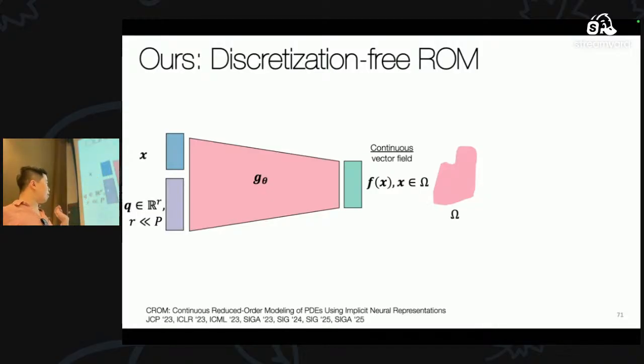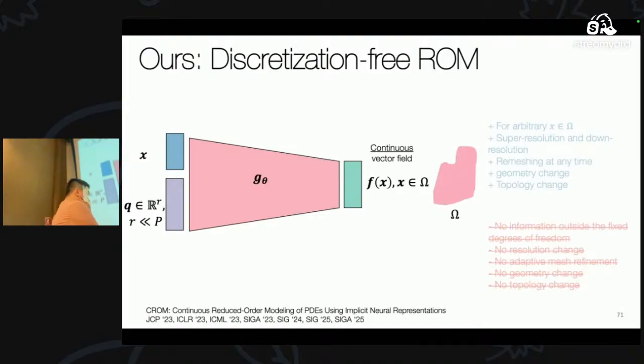Again, same thing, low dimensional space here. But instead of inferring a discretized vector field, you directly infer the continuous vector field itself. So this X could be an arbitrary point in your domain. As such, you can infer at any resolution you want, train with different resolutions at the same time, and even change resolution over time, change the domain geometries, and even introduce topology changes.